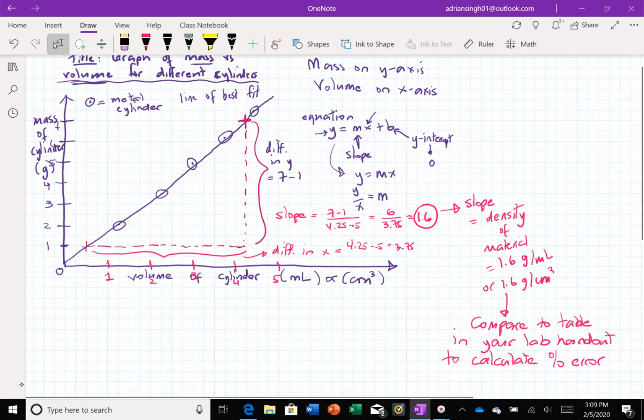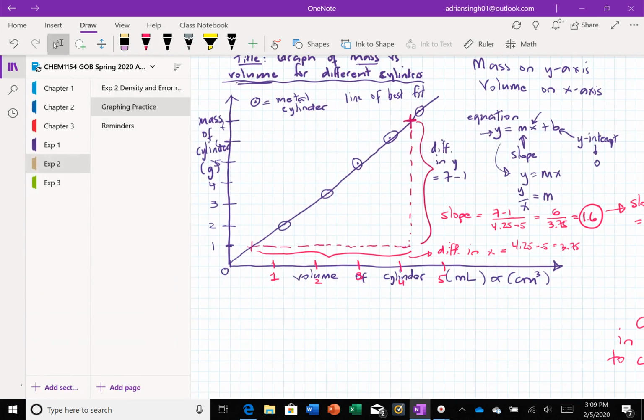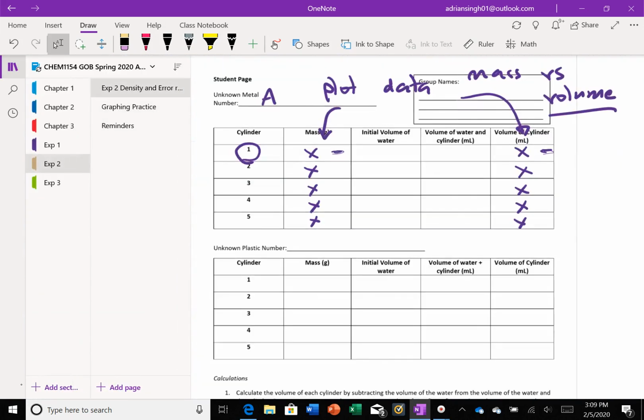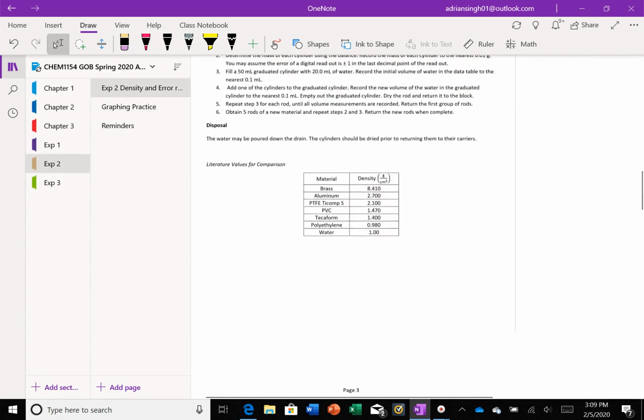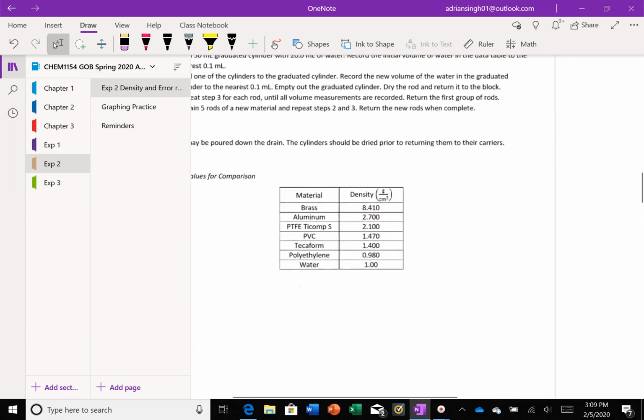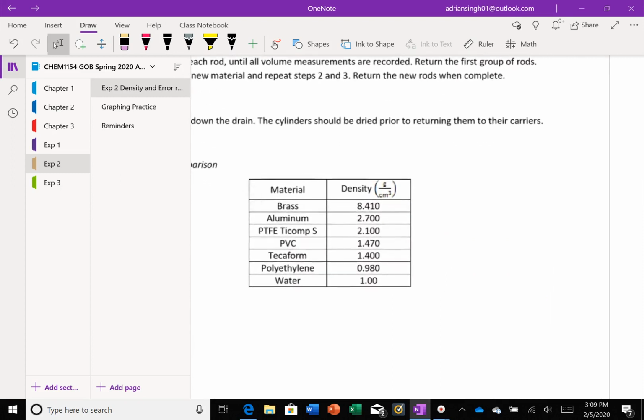All right, so if I take a look at some of the options that were given in the table provided, here, for example, we can see that out of the options here, maybe the PVC is the closest to 1.6.